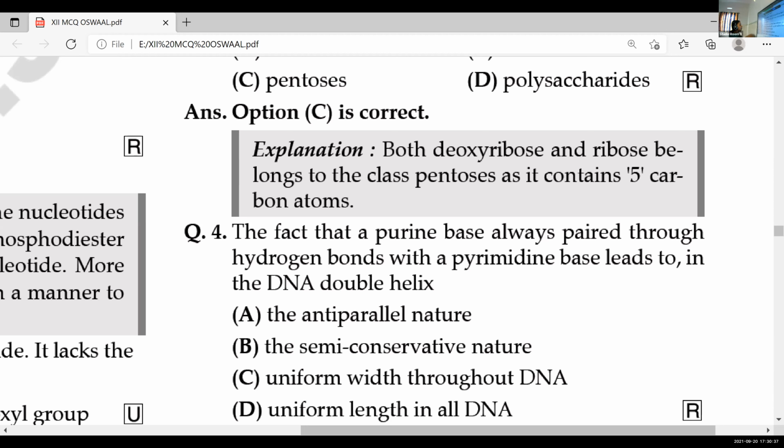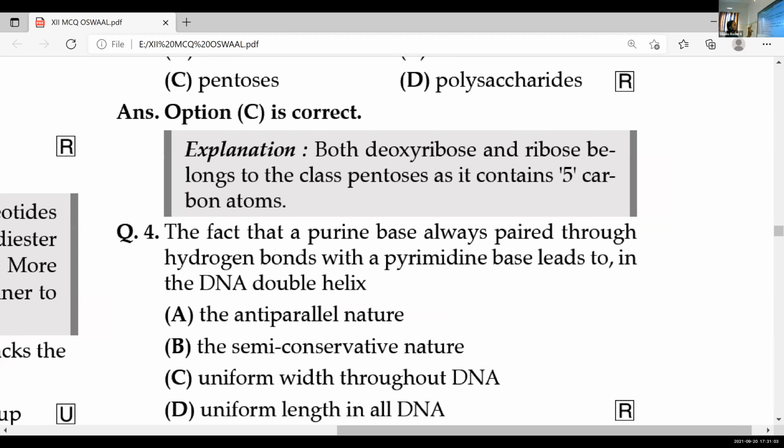Adenine pairs with thymine, cytosine pairs with guanine. These nitrogen bases are held together by means of hydrogen bonds. What is it deciding? Uniform width, because that decides the width.